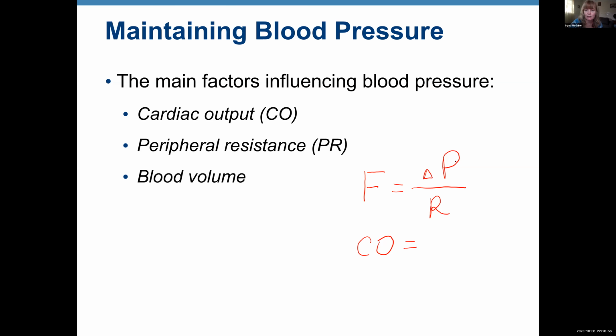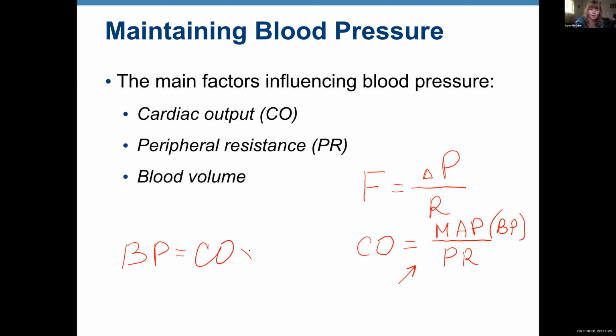It equals, instead of pressure, mean arterial pressure, MAP, because that's our pressure gradient. Keep in mind, not blood pressure exactly, but specifically the gradient. And resistance is peripheral resistance. Right, so now we're talking about blood pressure. From this formula, what is our blood pressure? Blood pressure equals cardiac output multiplied by peripheral resistance, right?